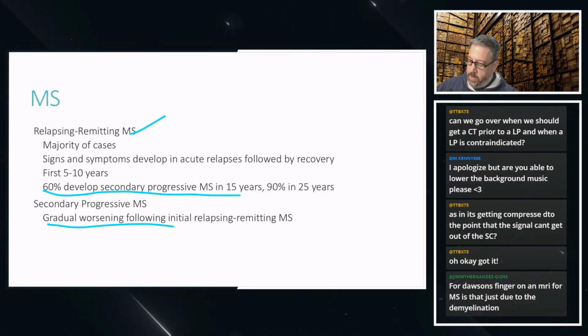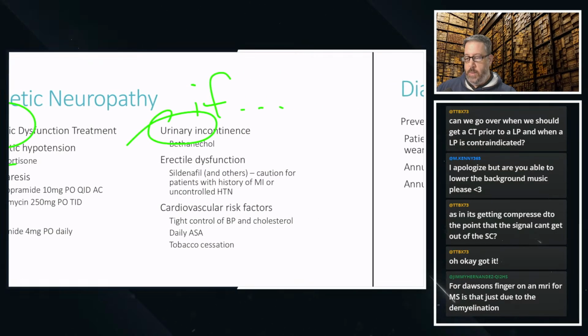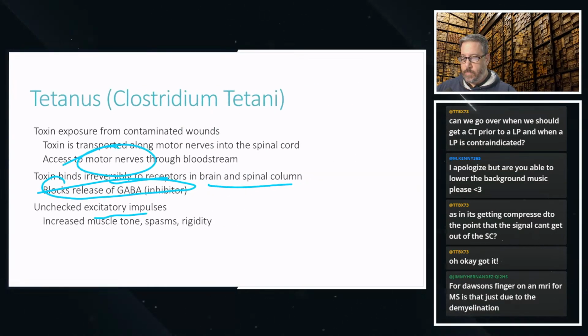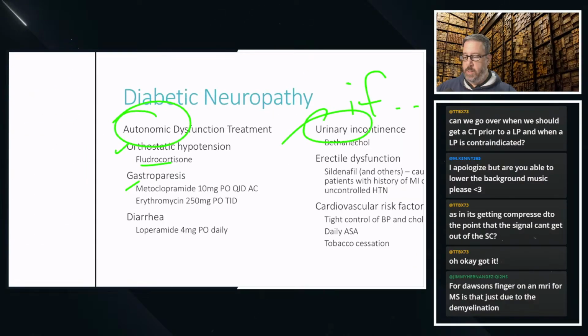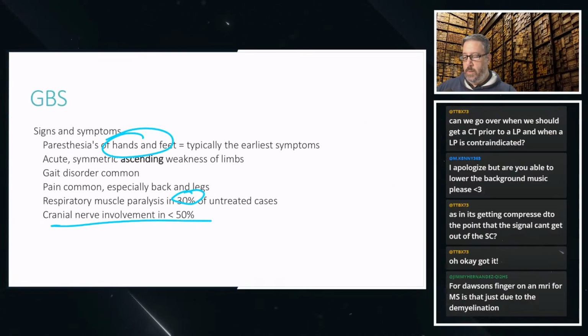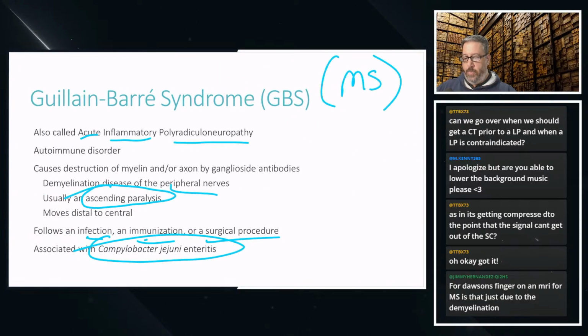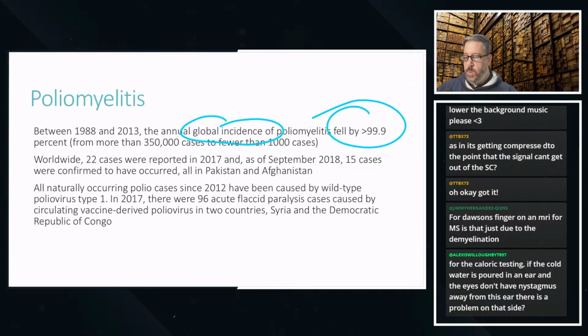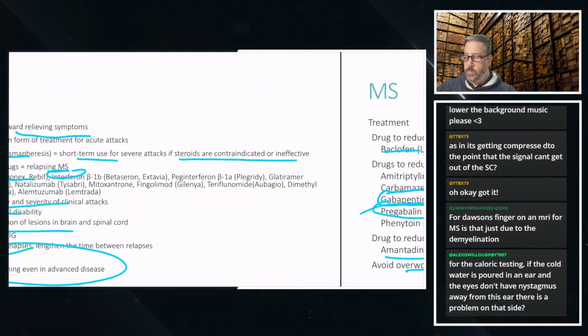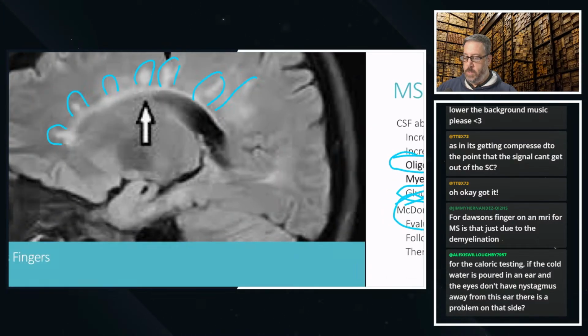For the neuromuscular disorders, we went through them. Each one's pretty basic as far as what you have to know. Just know the key things for all these ones. These are all peripheral nerve problems, and spinal cord stuff.